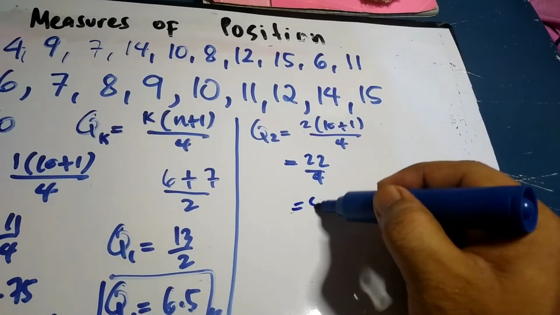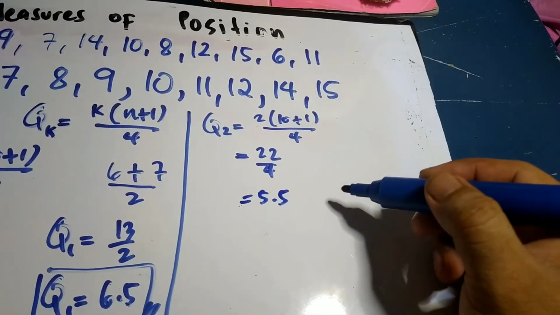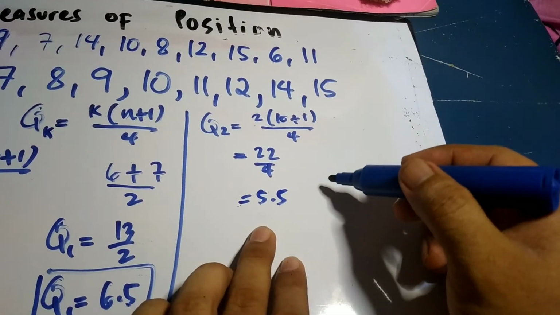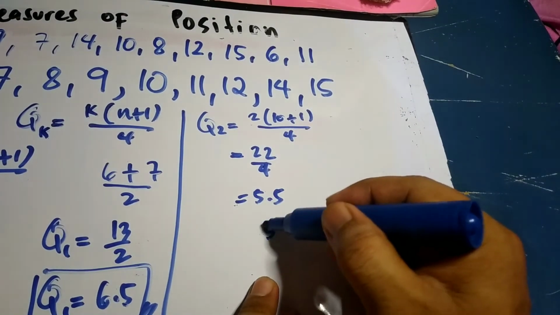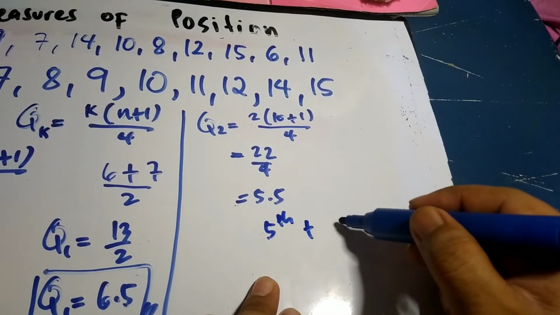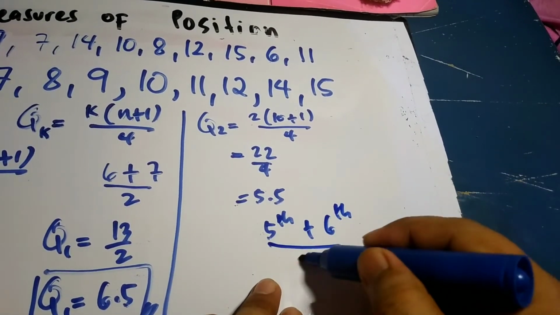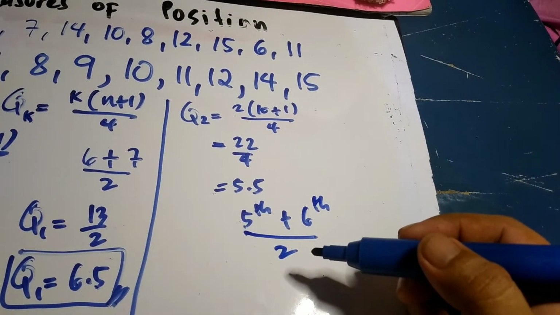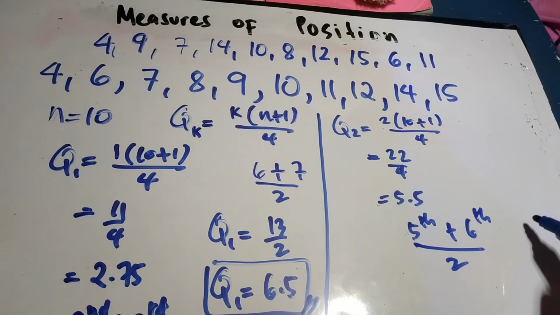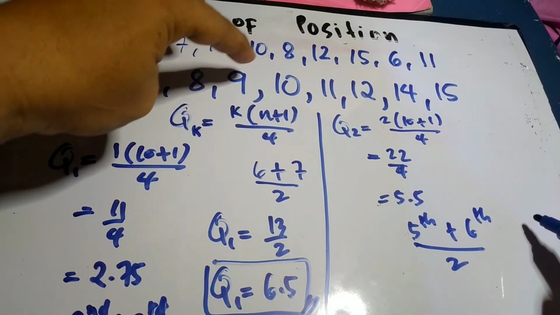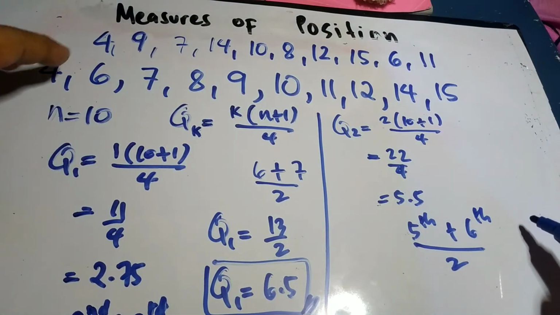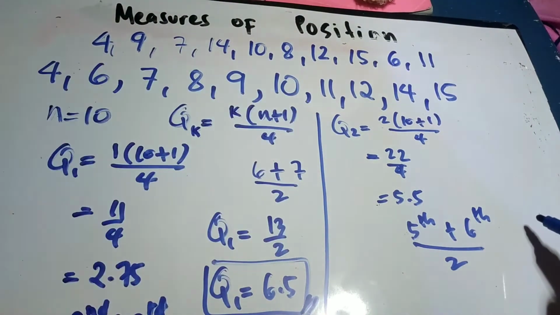So this is 5.5. So ang hahanapin natin is yung pang fifth term, yung 5th position at saka yung 6th position divided by 2. Balikan lang po natin yung ating data. So we have 1, 2, 3, 4, 5 and then 6. So we have 9 at saka 10.